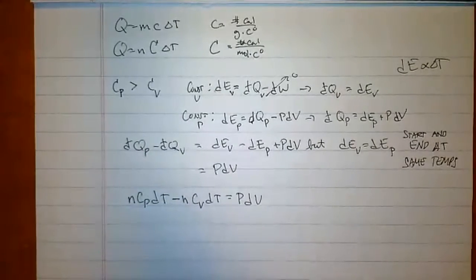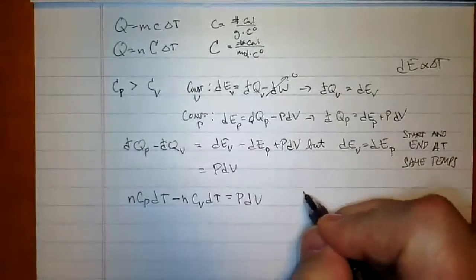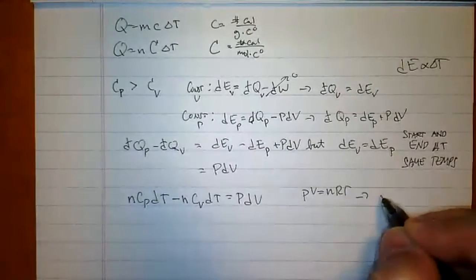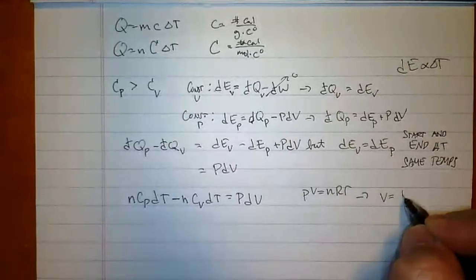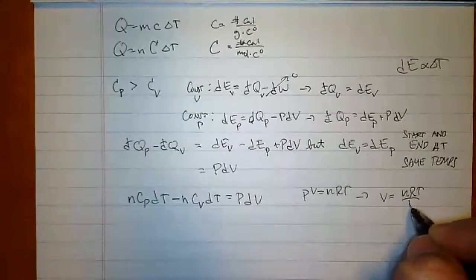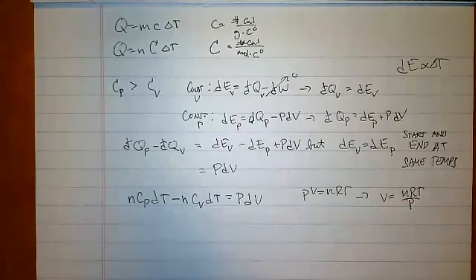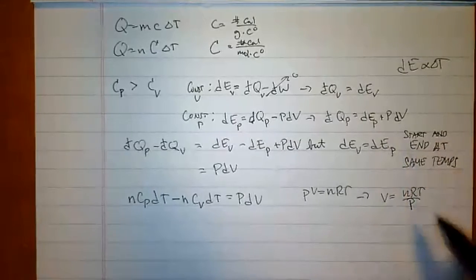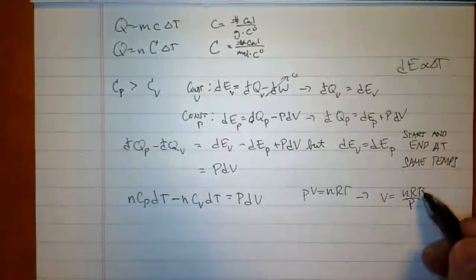Now, if I recognize dV from PV equals nRT, which suggests that V is equal to nRT over P, and this, of course, came from the constant pressure case, then you know the only thing that changed was the temperature.